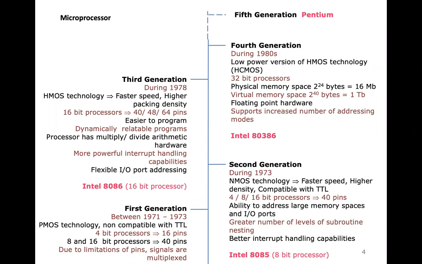You know that now our processor is 64-bit, right? 32-bit processors are all fourth generation. So this is some description of the generations of microprocessor.